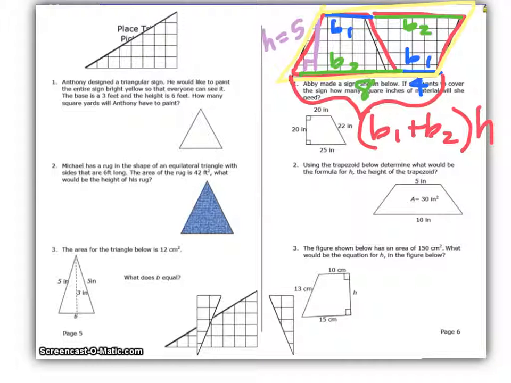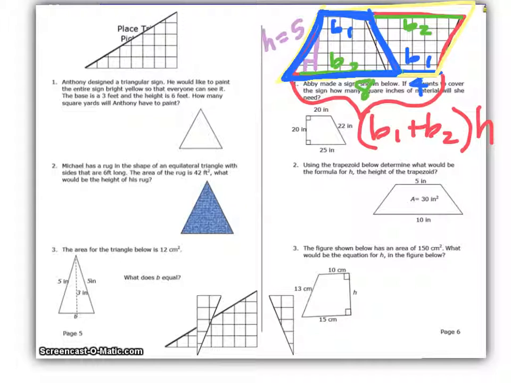Well, the unique thing is, though, I don't want to find the area of this parallelogram. I want to find the area of this trapezoid, and the area of this trapezoid represents half of that parallelogram, and that's what we want to prove to students, that this trapezoid is half of the greater parallelogram.